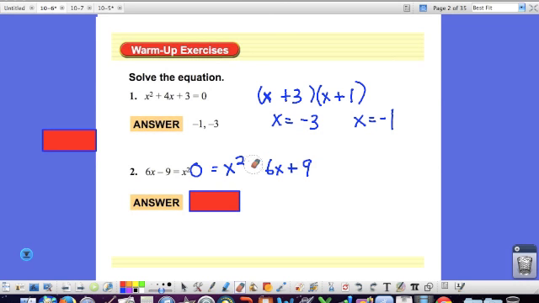This should be minus 6 plus 9. X was on this side. I moved minus 6x to this side, plus 9. So now, I need numbers that multiply to get 9 and add or subtract to get negative 6. It's negative 3 and negative 3. So x is equal to 3.